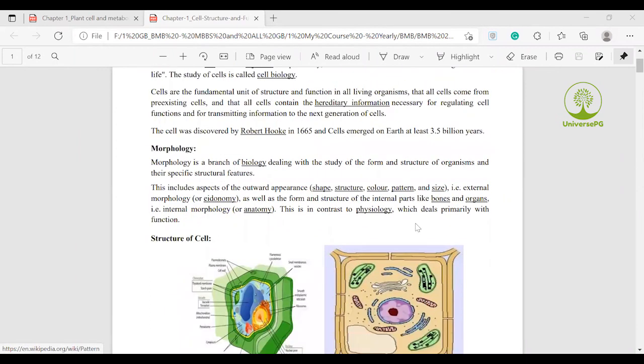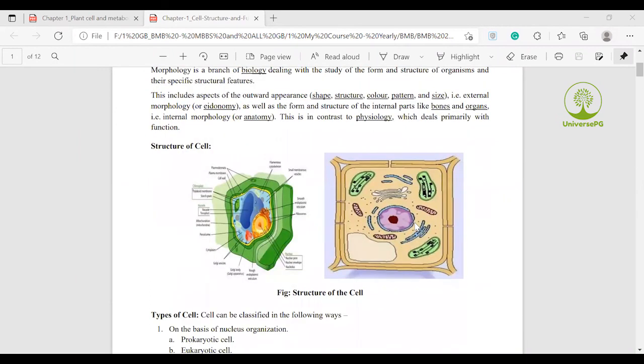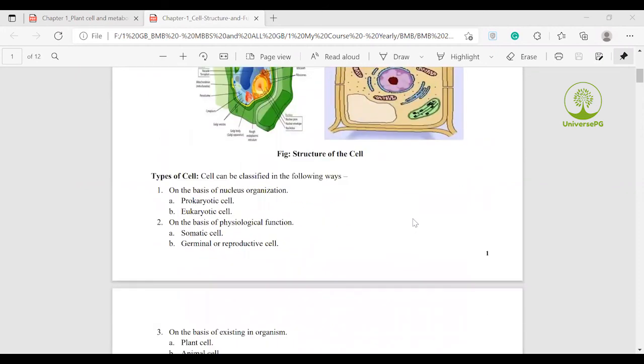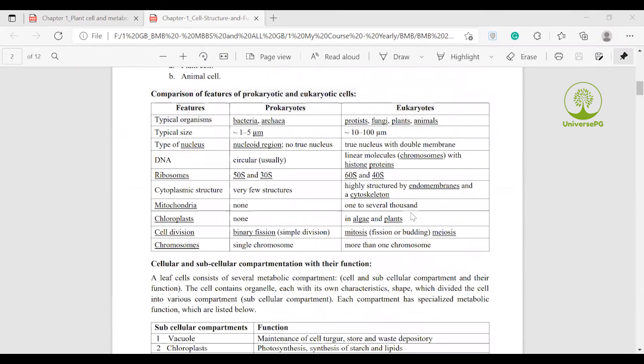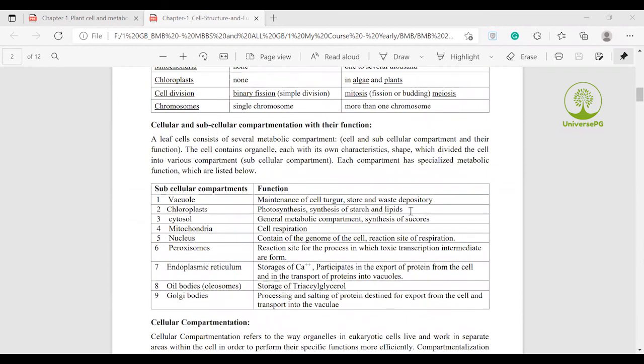Then define morphology, and what is the major difference between plant cell and animal cell. Write down the basic classification of cells, and the major difference between prokaryotic and eukaryotic cells. Define cellular compartmentation, define subcellular compartmentation. Write down the subcellular compartments with their major functions.